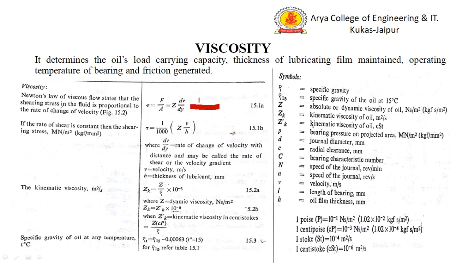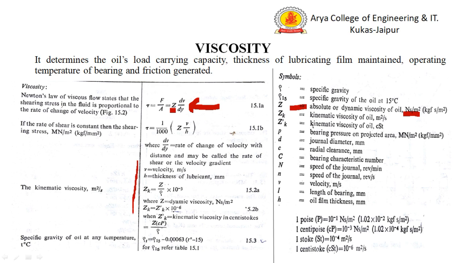This is shown in this equation: shear stress tau in the fluid is directly proportional to dV by dy. Here Z is the absolute viscosity of the oil, whose unit is Newton second per meter square.